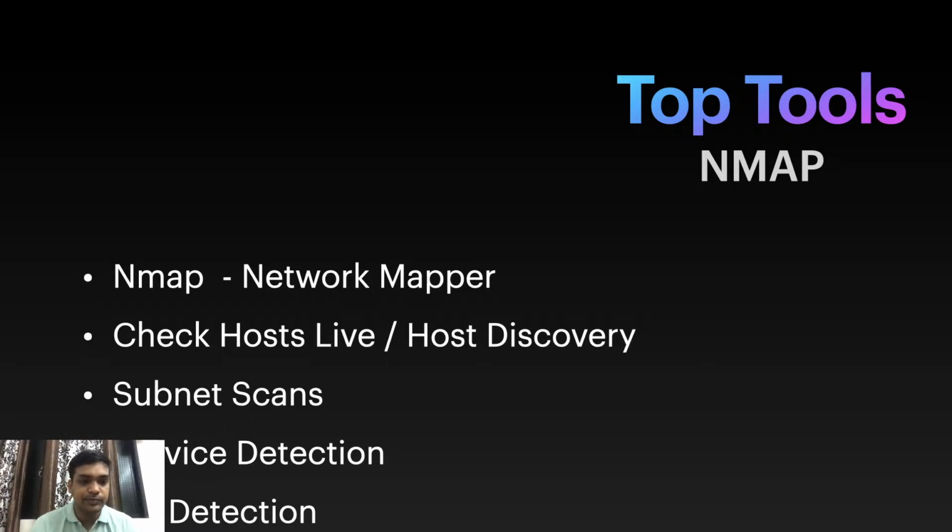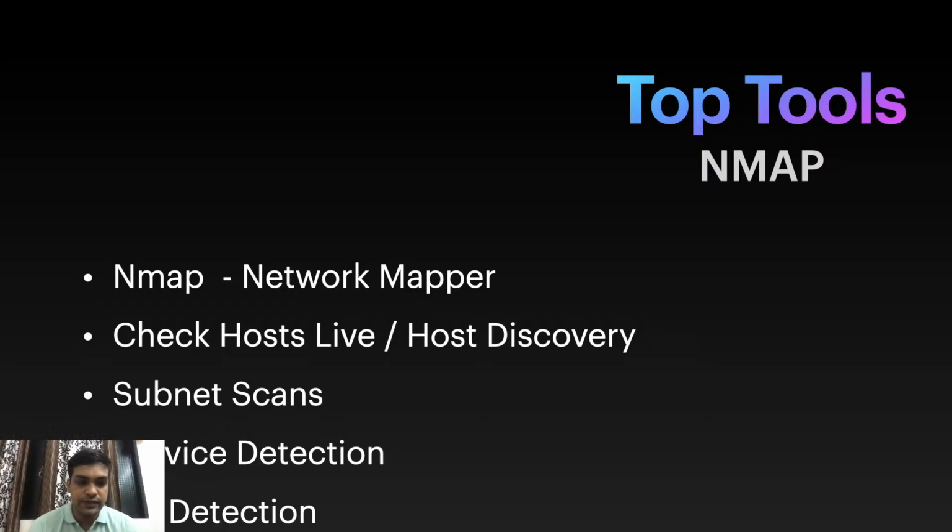Nmap also has NSE scripts for attacking protocols like FTP, SSH, NTP, Telnet, etc., and different content management systems like Drupal, WordPress, etc. Nmap also has scripts for attacking databases like MySQL, etc. So Nmap is quite underrated but a very powerful tool that we can utilize for performing our pen testing.